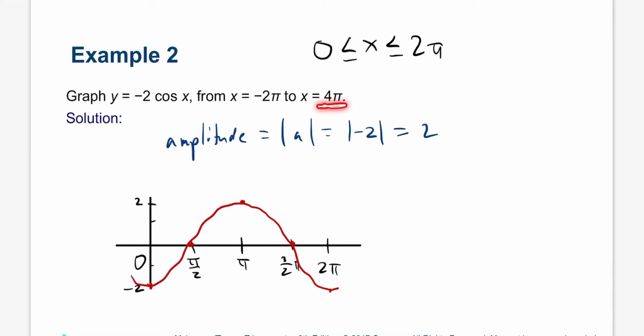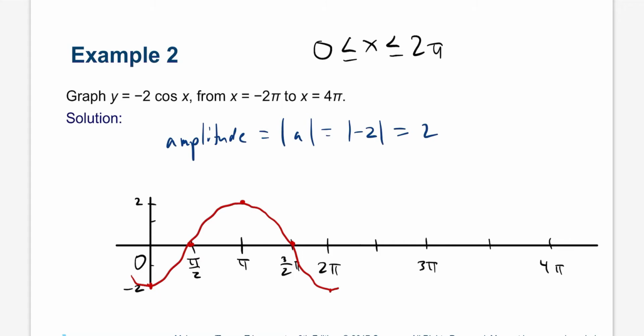And since they want you to go all the way to 4 pi, we would just extend the graph out and keep on adding another 1/2 pi, another 1/2 pi would be 3 pi, another 1/2 pi, and then another 1/2 pi would be 4 pi.